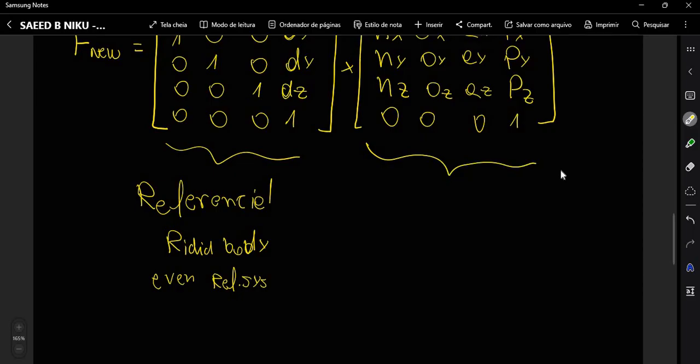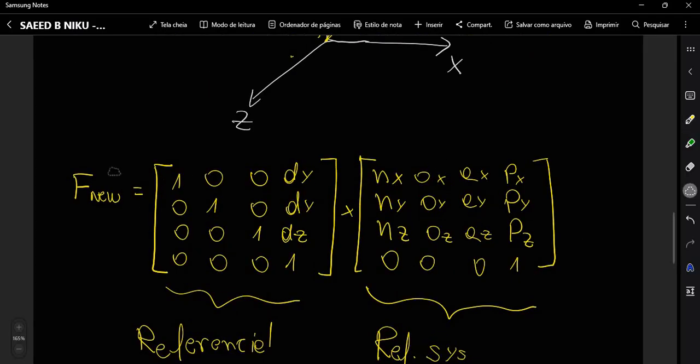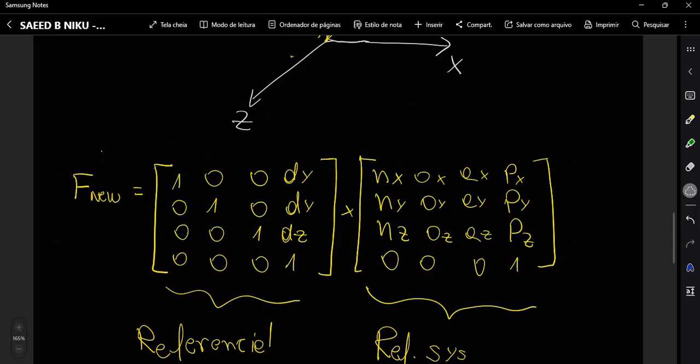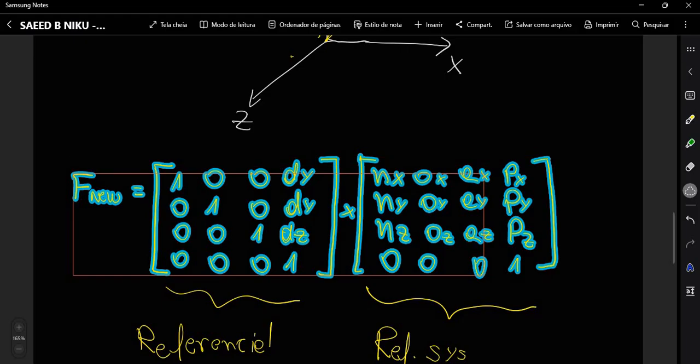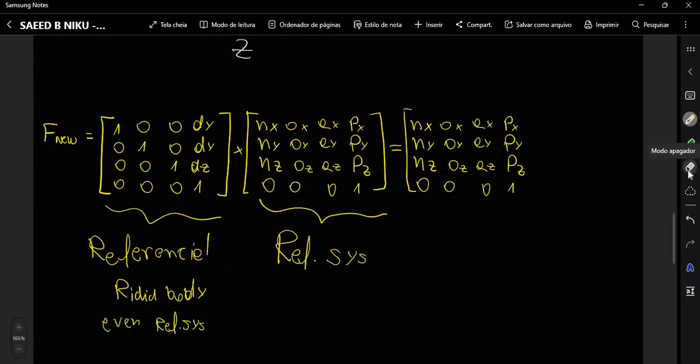And that is the reference system. And multiplying both of these matrices, we're going to have our new one, which is the final orientation and position, plus dz plus, okay.